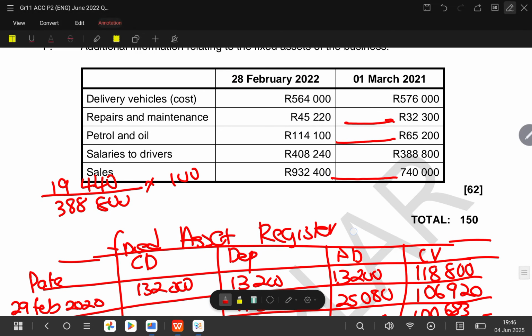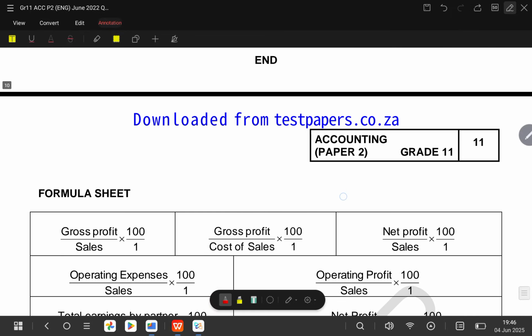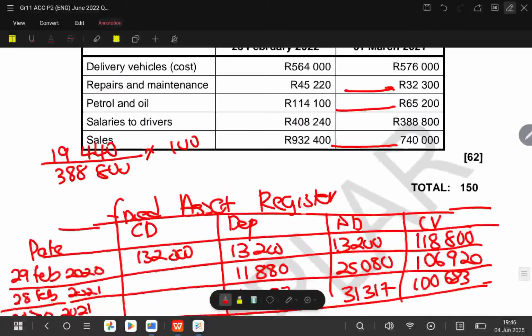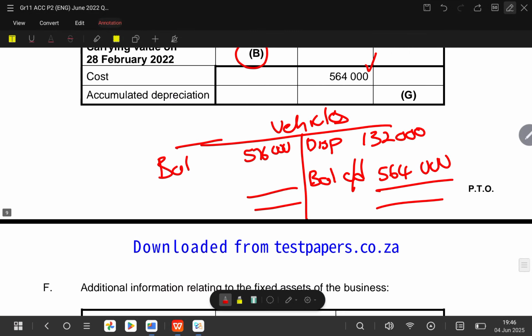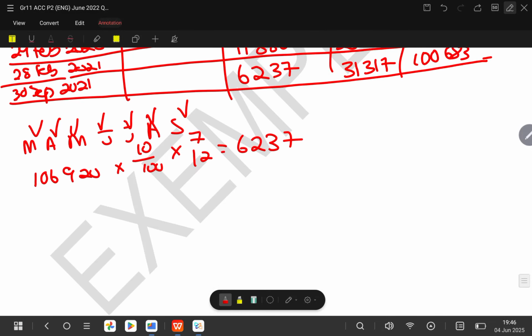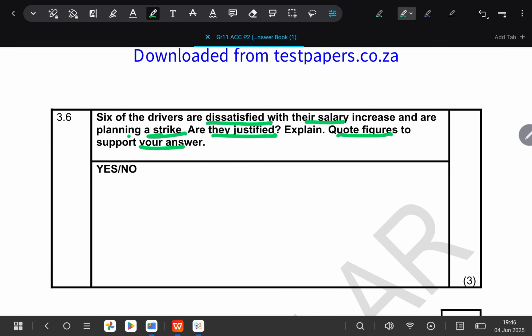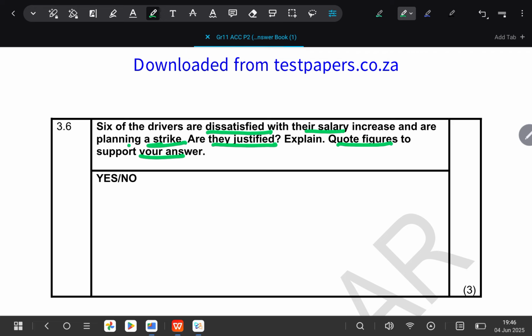So if I say no, I can say no based on the fact that the salary increase they've received is within the inflation rate of 3 to 6% target. So for me now, I'm going to say no, they should not strike. You can also see that there are expenses with regards to vehicles. So when we answer here, we are going to say no.